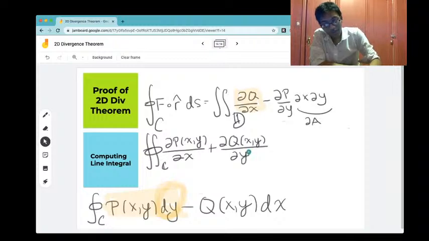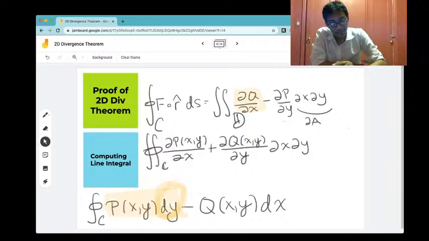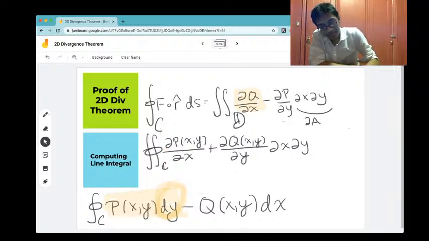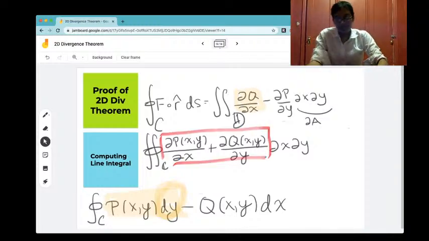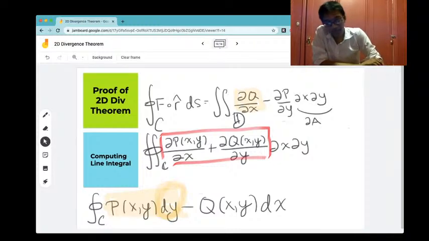And don't forget, of course, the dx dy. Now what you should notice is that this right here is none other than the actual definition of divergence, right? There could not have been a better time to encounter the divergence formula.